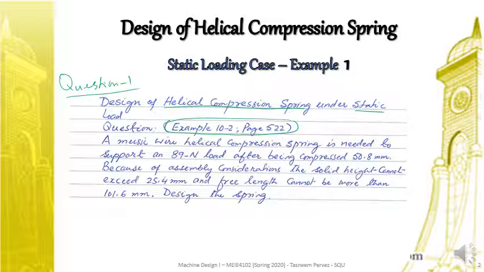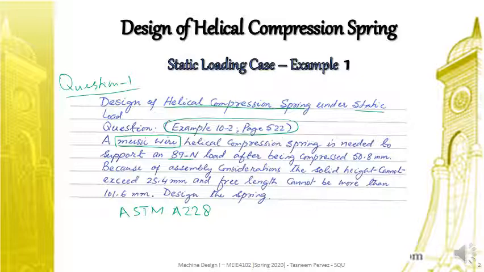They have a mix of units in the solution of the problem. The spring has to be made from a music wire, and music wire has the designation ASTM A228 if I am correct.